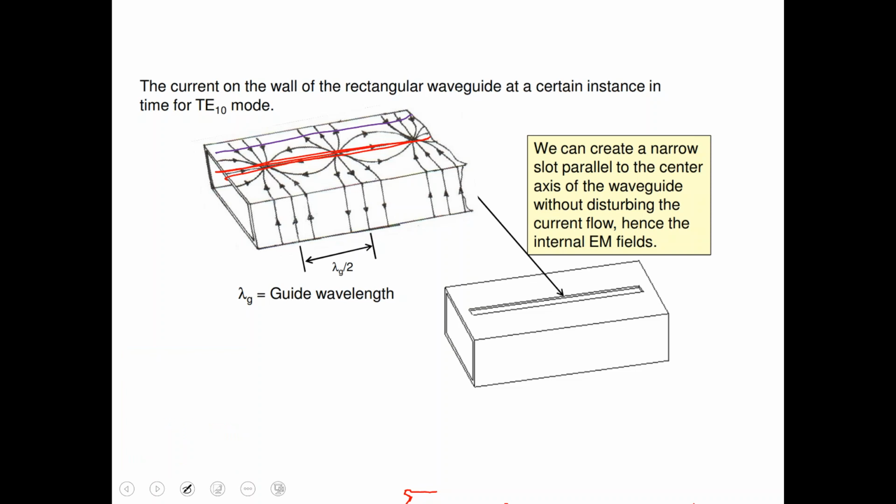Whereas if you made a slot right in the center, then the only term which you have perturbed is the current line going in that direction, because the current lines coming in the x direction are converging to zero along that line. We don't create strong perturbations, and we can use these slots to excite these waveguides or measure power out of these waveguides.